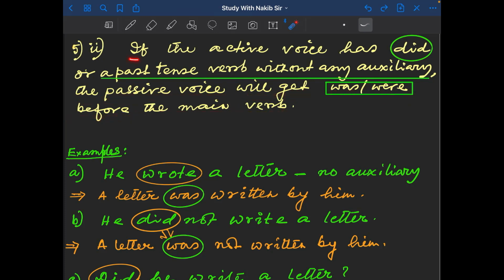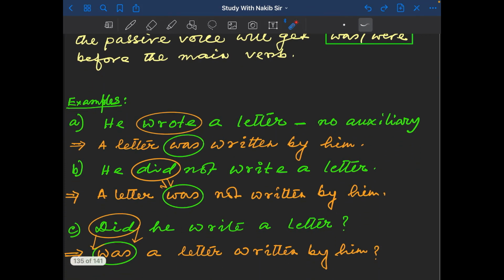Read again: if the active voice has did, or a past tense verb without any auxiliary, the passive voice in that case will get either was or were before the main verb. See the example and the point will be clear.